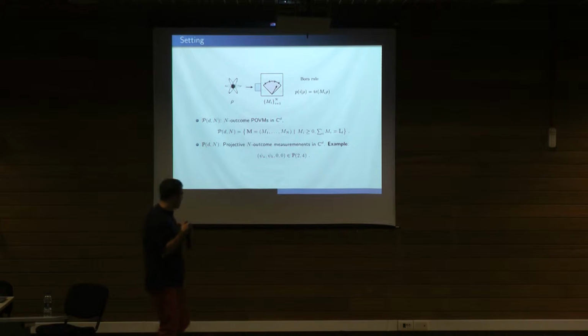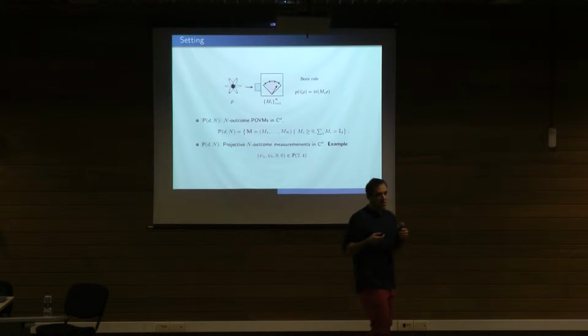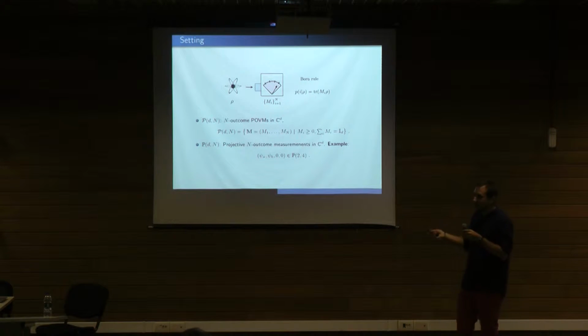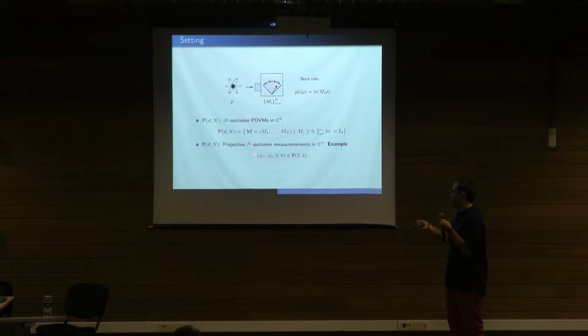In this class, I can identify projective measurements, which are measurements whose effects are proportional to projectors in this space. Importantly, the number of outcomes can be greater than the dimension because I can formally embed effects in different manner in the space of outcomes.